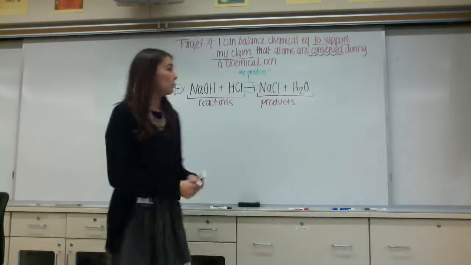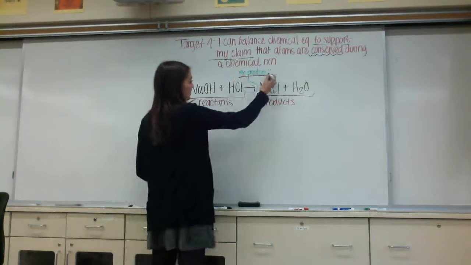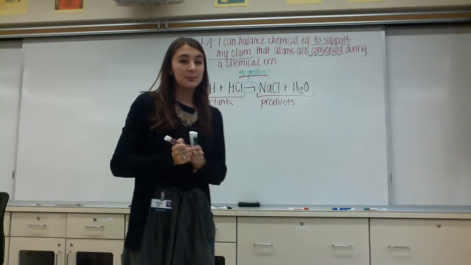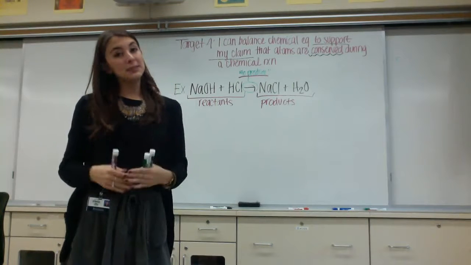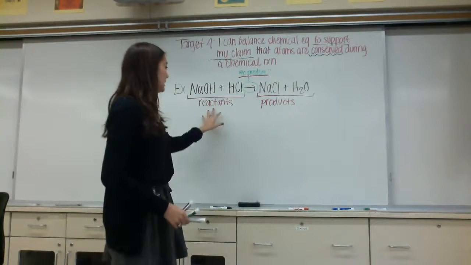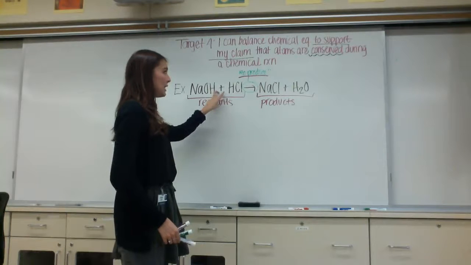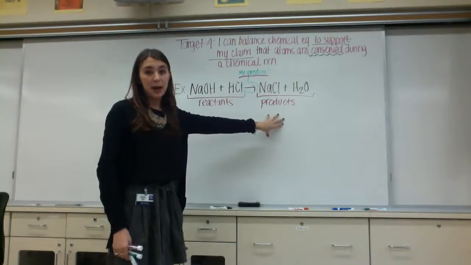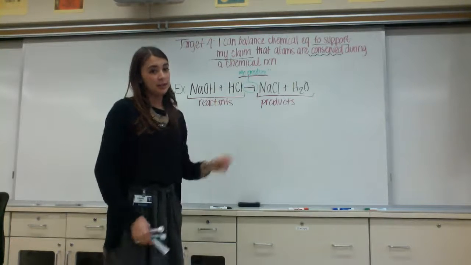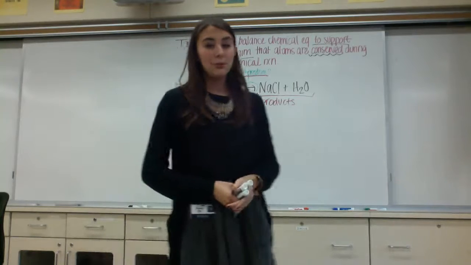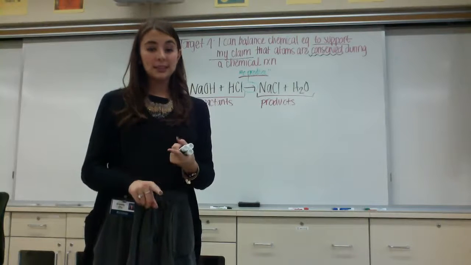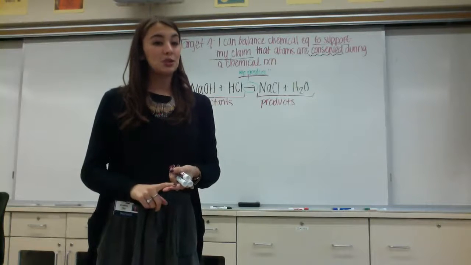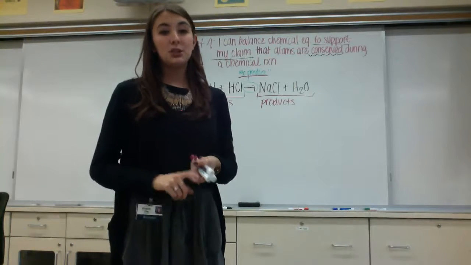So that arrow means to produce. It doesn't just mean our reaction is going to the right or to the left. That arrow is very purposely put somewhere to show you that these reactants together produce these products, not vice versa, okay? So we are going to move on. Now that you got your lingo down, you should know reactants, you should know products, you should know that the arrow means to produce.